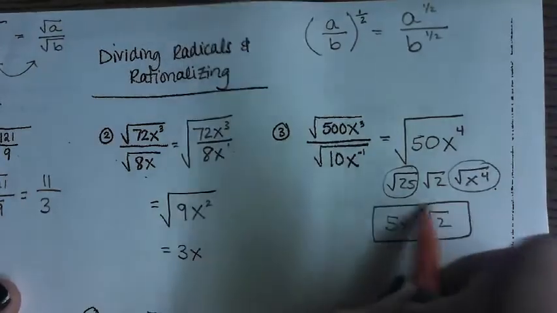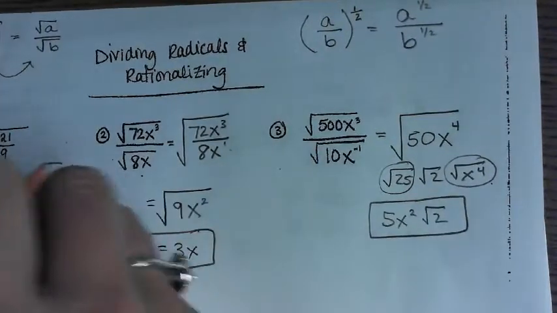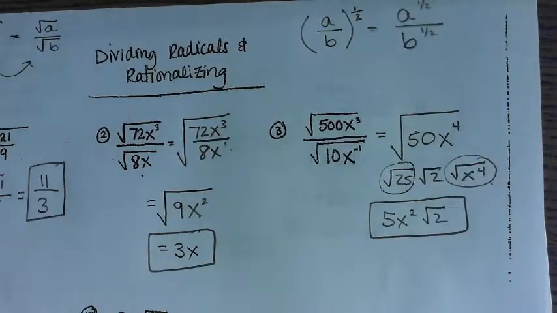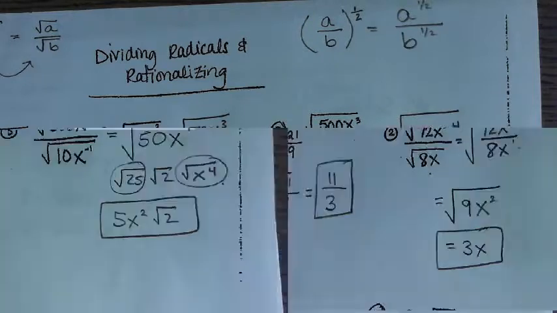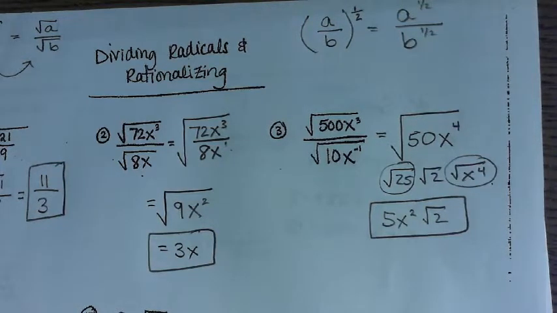Would it be wrong if you had 5 radical 2x squared? If it was open response, no, but I can almost guarantee, well, let me tell you the risk of that, even if it is open response. Technically, no, but on a multiple choice, it will never appear that way. They're going to put all the solid numbers out in front, and then it's going to end with a radical.